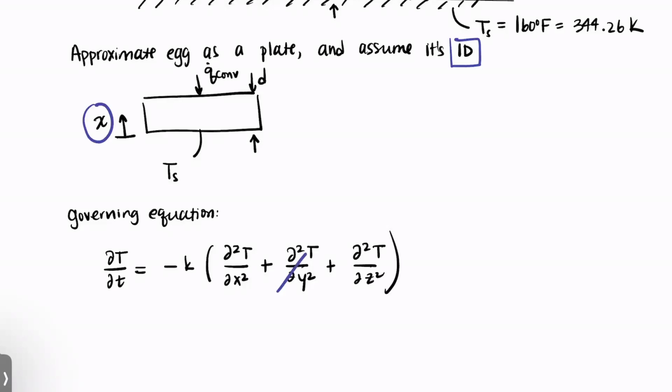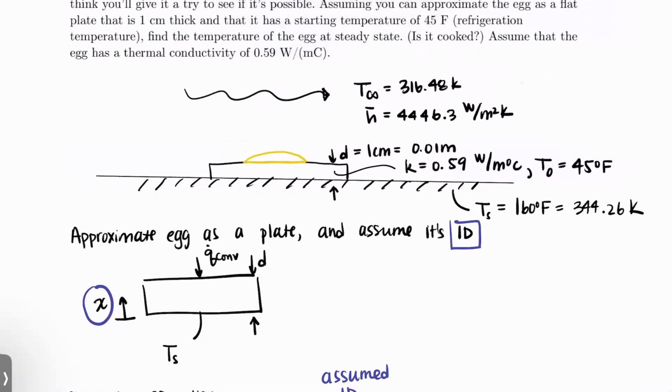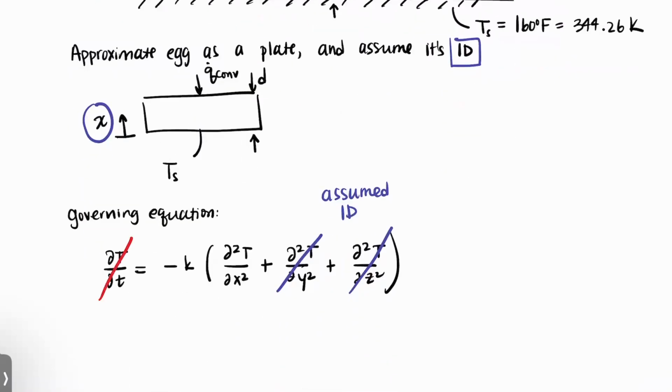That means I don't have any variation in Y or Z because we've assumed 1D. And then the problem also asked us to find the temperature at steady state, so I can get rid of this time derivative as well. So all I have left here is that 0 is equal to the second derivative of T with respect to X.